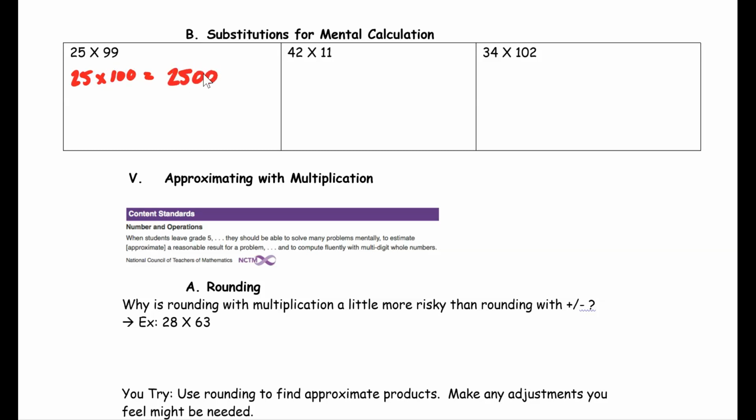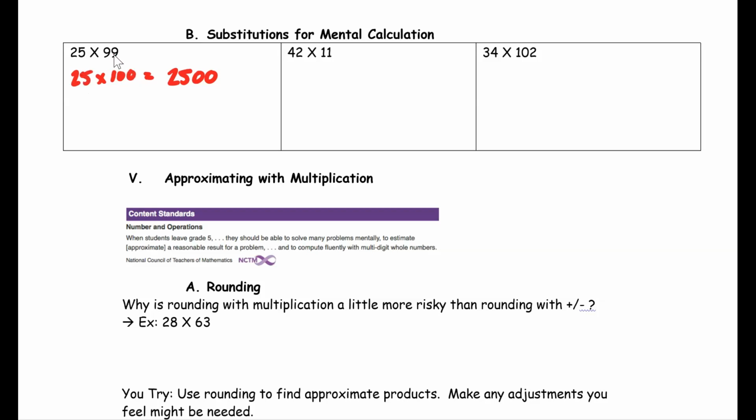Now, if you're okay with just estimating, like if this is something you have to do in life, you're just estimating because you're trying to calculate how much something would be if you bought it, that might be fine. If you want the actual answer though, what you can do is modify. So we multiplied 25 by 100, which was too much. It was one more group of 25 than we needed.